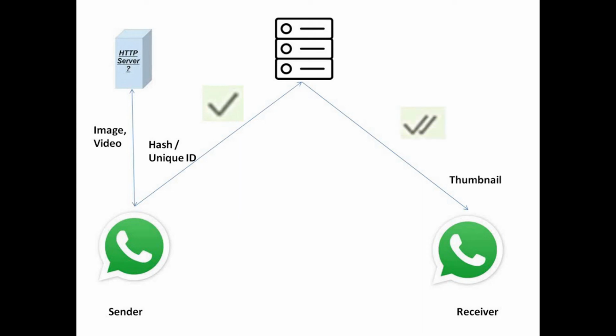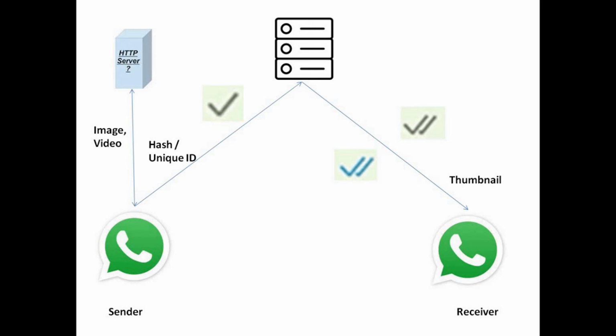If you see in WhatsApp, whenever you get an image, video or any multimedia file, it will always be a thumbnail. It will never be directly downloaded to your phone unless you enable automatic download. I mean, you have the option of automatic download. Otherwise it will show you a thumbnail. Once you click on it to see it, only then will it be downloaded from the HTTP server where it is stored, and it will be shown to you.